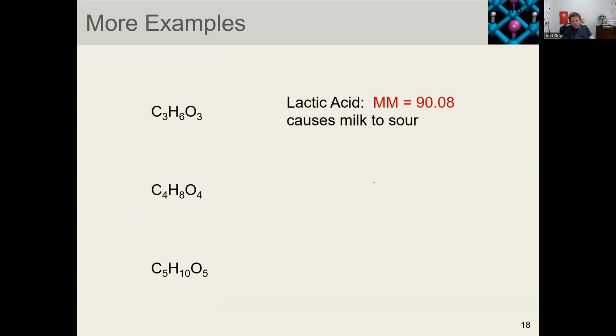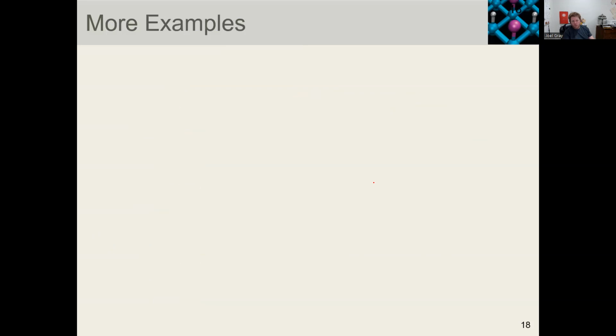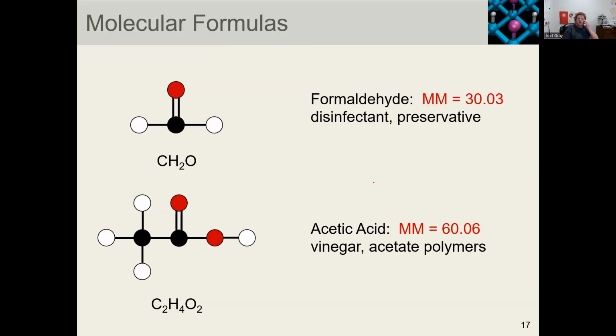Now, sometimes you'll be given, for example, you could determine the empirical formula and then be told, well, your compound has a molecular formula of 90.09. And then you'd say, okay, well, if my empirical formula is 30.03, I'm going to take my molecular formula and divide it by that.